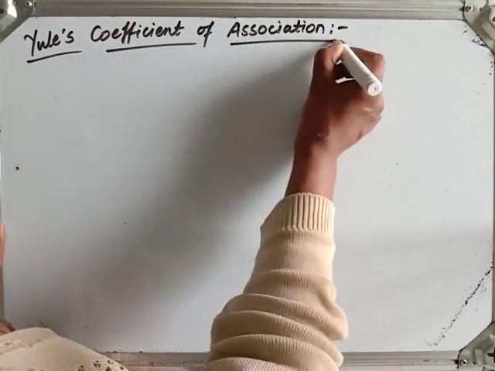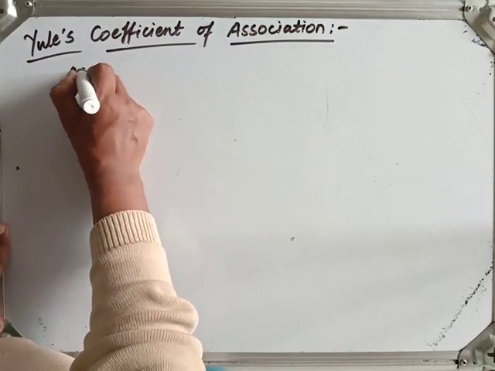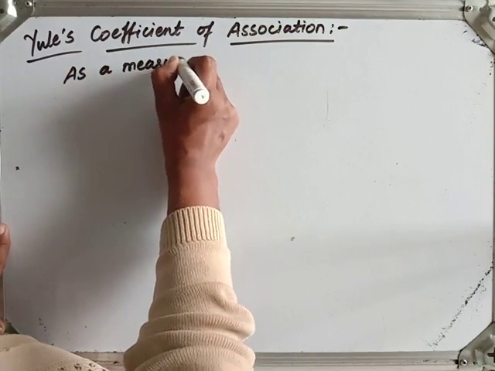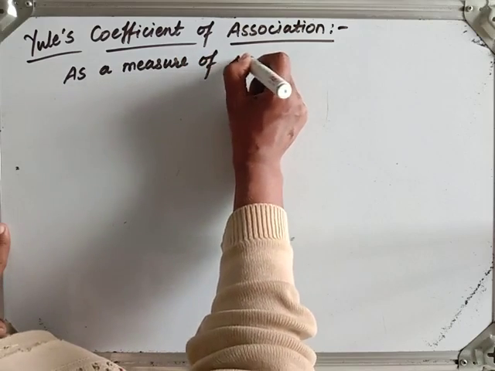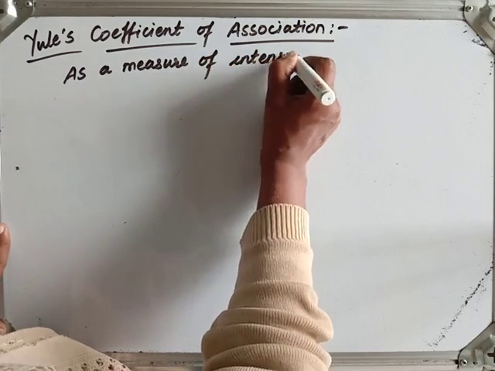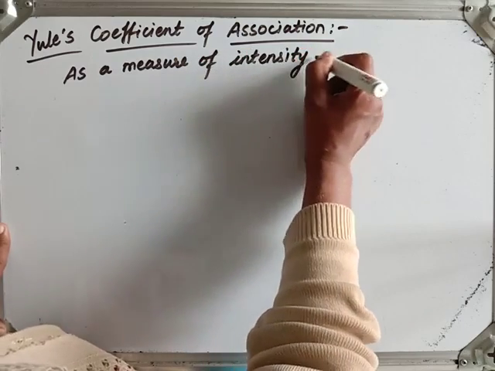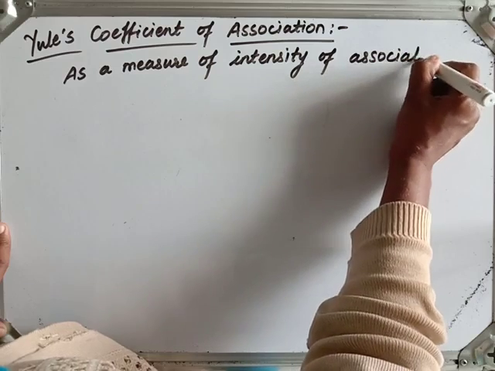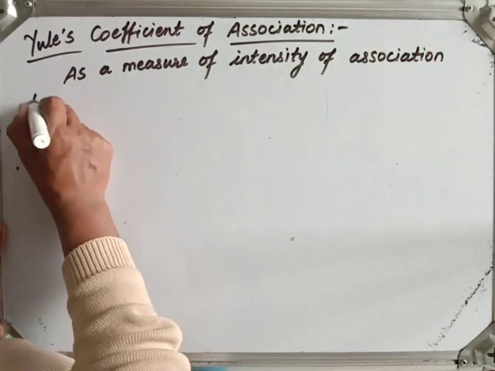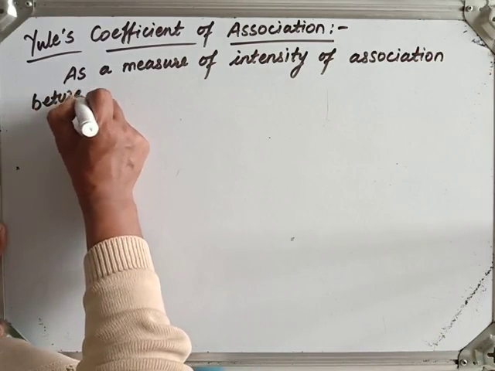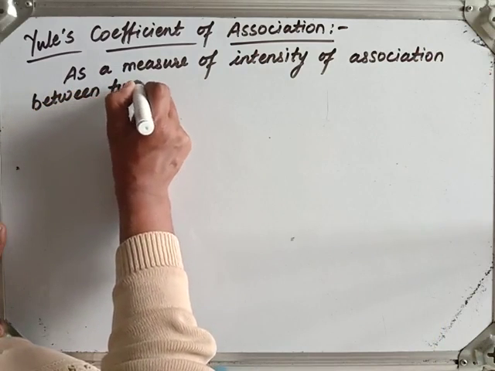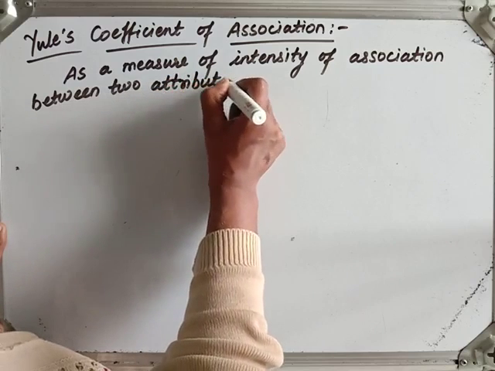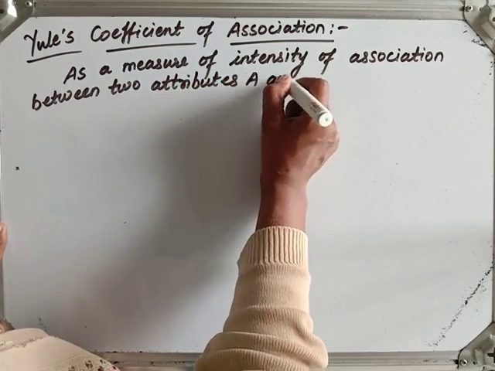Now, what does this do? It is a measure of intensity of association between two attributes A and B.